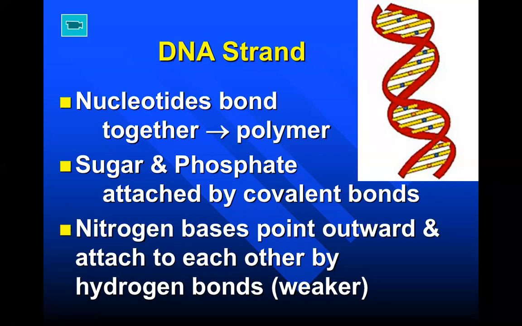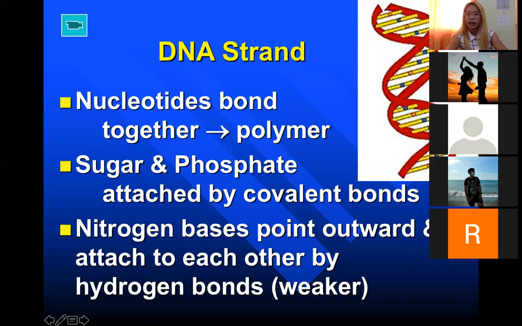Okay? Pagdating naman sa nitrogenous bases between a pyrimidine and purine, ang kanilang bond is what we call as a hydrogen bond. So sabi natin, very important na hydrogen bonds yung makikita natin between the nitrogenous bases, because hydrogen bonds are the weakest form of bonds in chemistry.